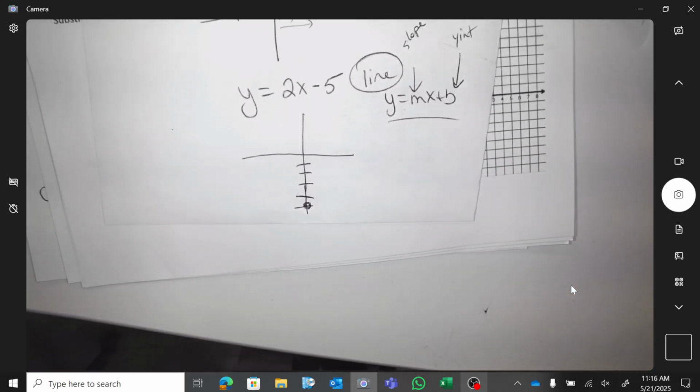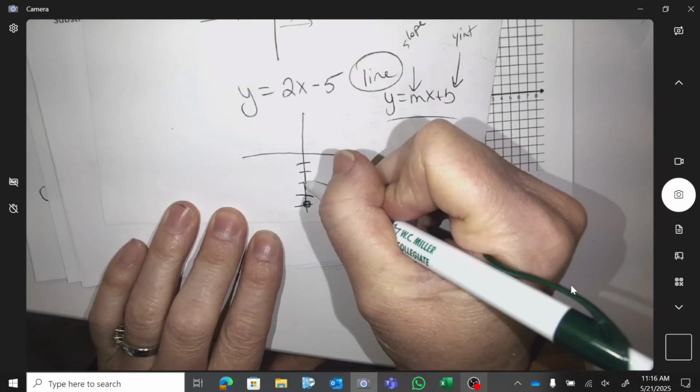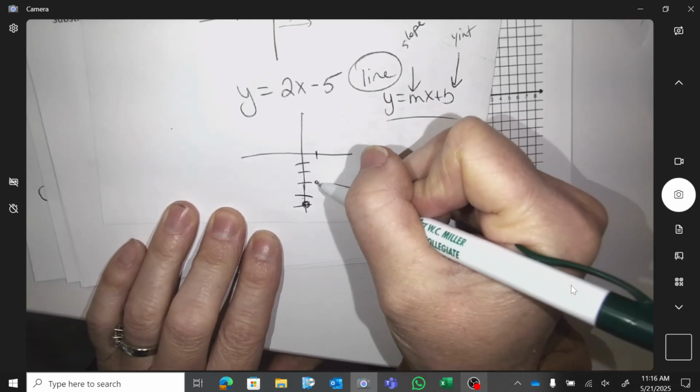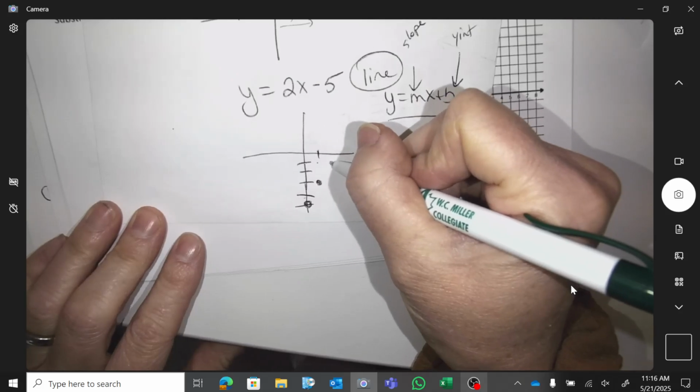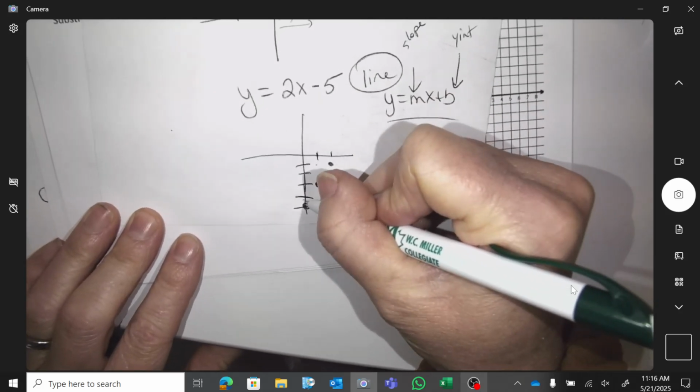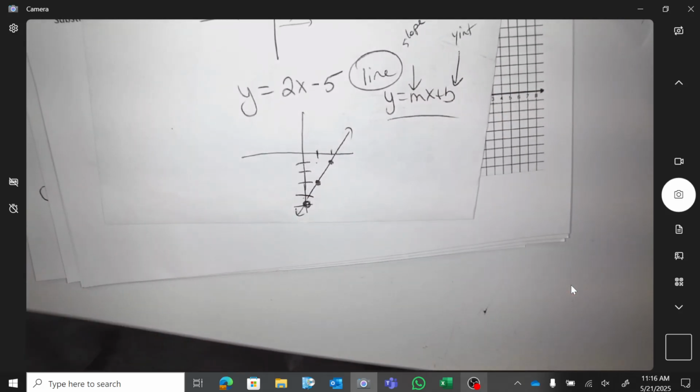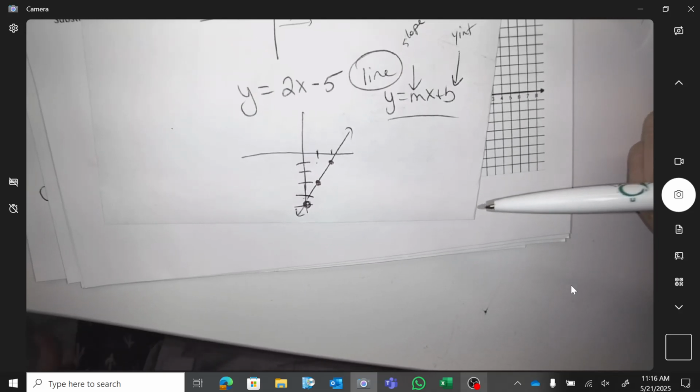So recalling, this would go from -5 on the y-axis. I would go rise 2, run 1. Up 2, over 1, up 2, over 1. Does that make sense as a staircase? Okay, good. These are all things that you know from the past.